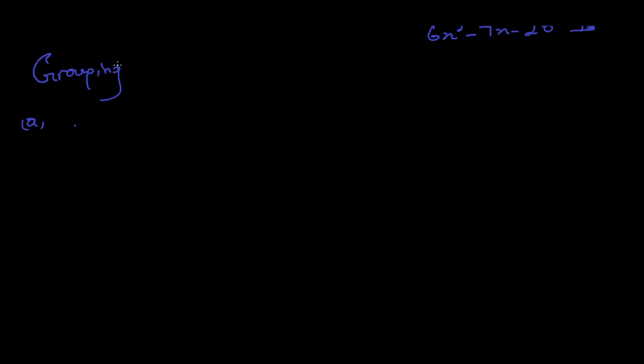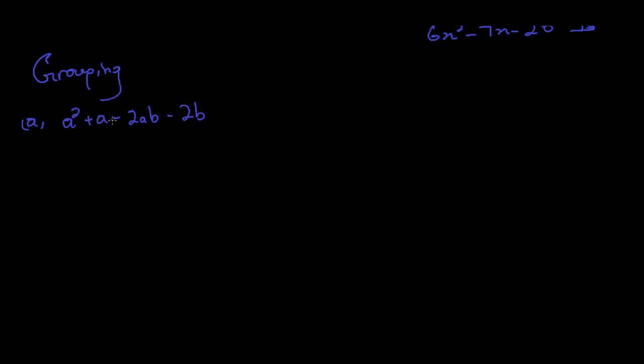Let me put it into writing. So for example, I have something like a squared plus a minus 2ab minus 2b. Okay, so in this case I have four terms.